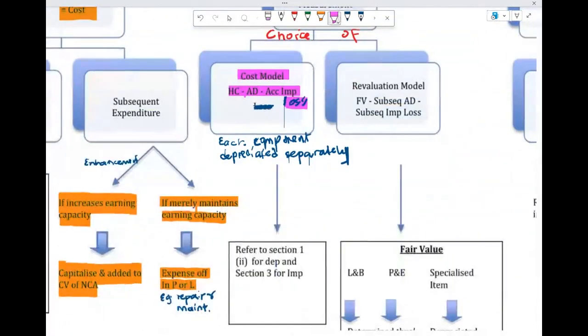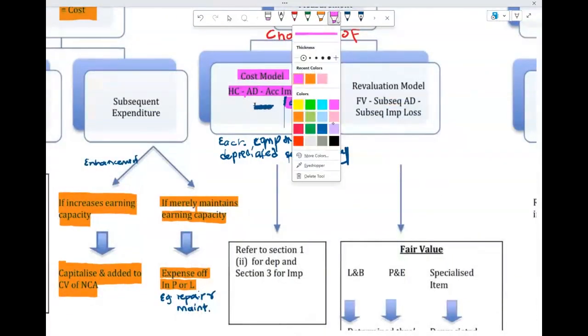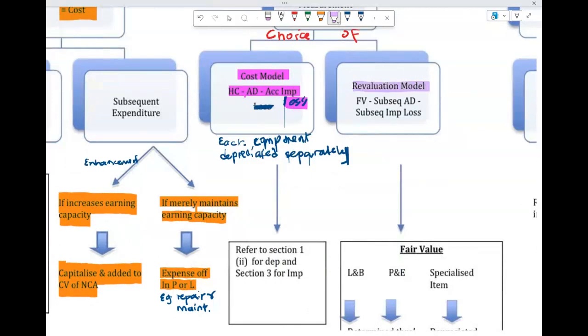Under the revaluation model, okay, what we're going to do is we're going to revalue the asset at fair value. Okay, then after that, even though I've increased in value, I still need to charge depreciation. Okay, but if you notice, what do I less out here is subsequent accumulated depreciation.